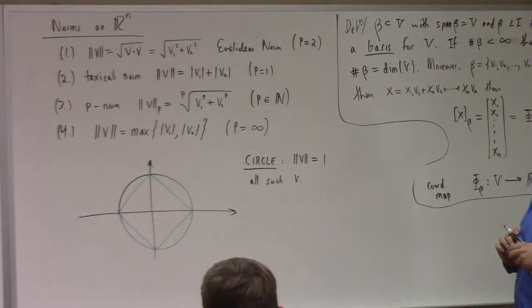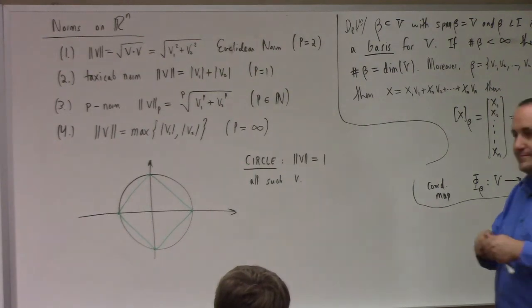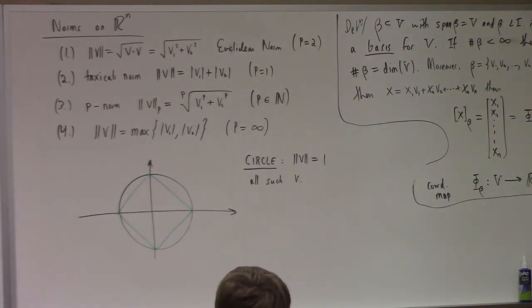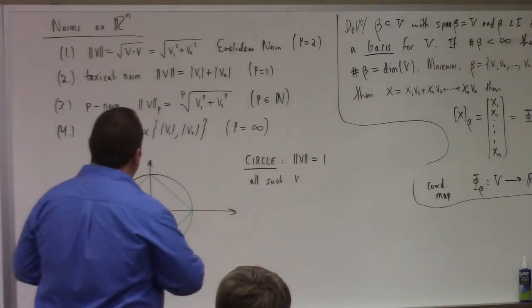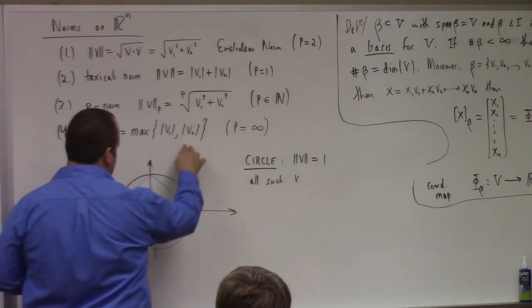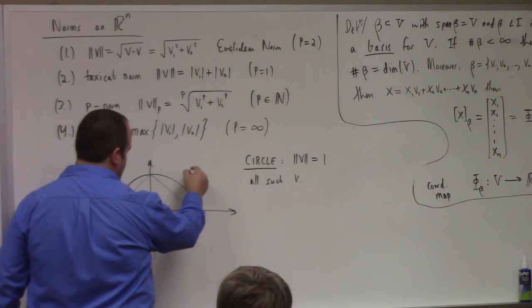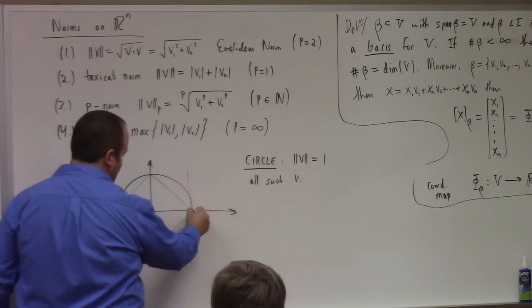How about the sup norm? We get a square, right? So the max of this and that. Pretty much any point here has norm 1.